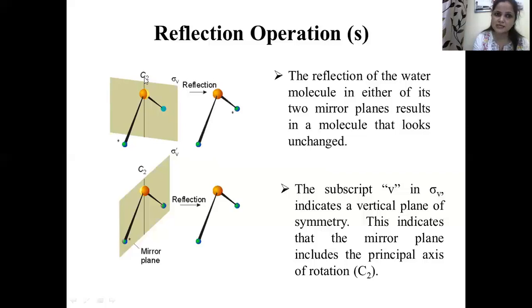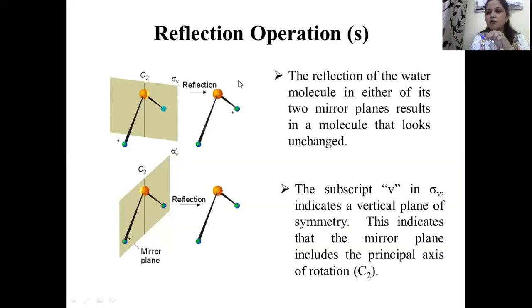Through the C2 axis, I am passing a plane and the image of this atom in the mirror will appear over here. And if I look at the image, it will be just like this, meaning I am getting an identical structure. So this is one possible plane, which I can pass only through the oxygen atom.